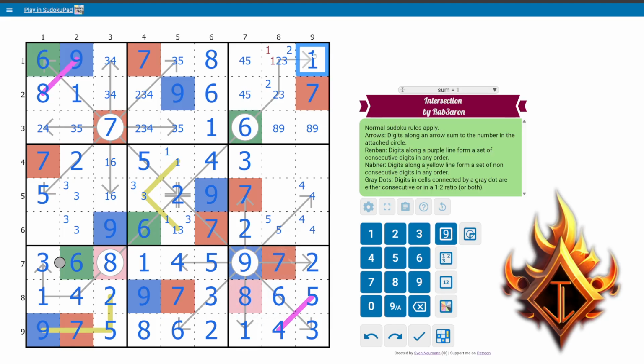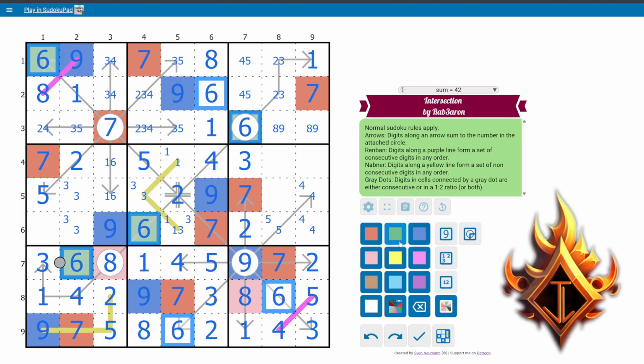Now we have a 1 here. 2, 3 there. That did a lot.